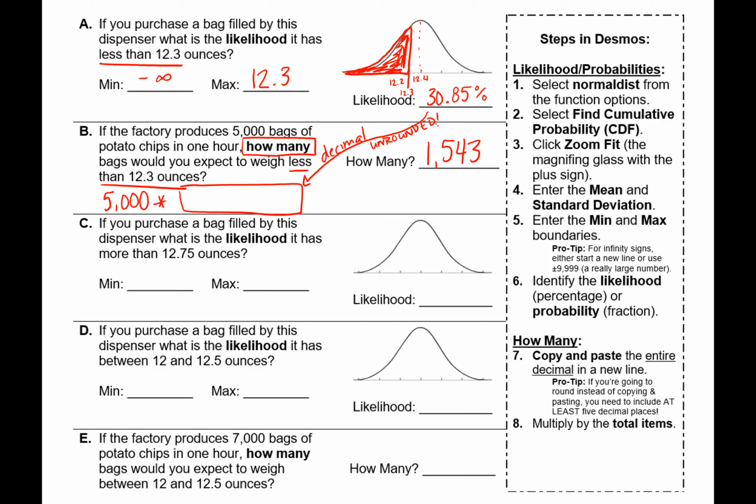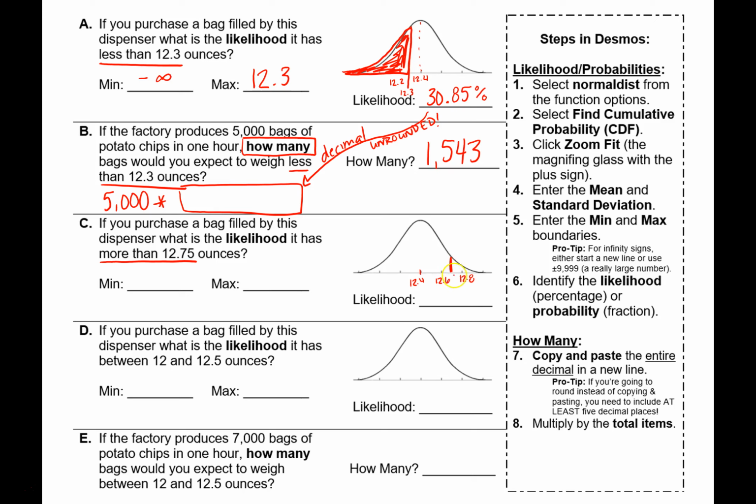Okay, so let's try another situation. If you purchase a bag filled by this dispenser, what is the likelihood that it has more than 12.75 ounces? So let's think about where that shading would happen on our curve again. We still have 12.4 in the center, then 12.6 and 12.8, 2 standard deviations to the right. 12.75 on the x-axis is going to fall somewhere in between there.